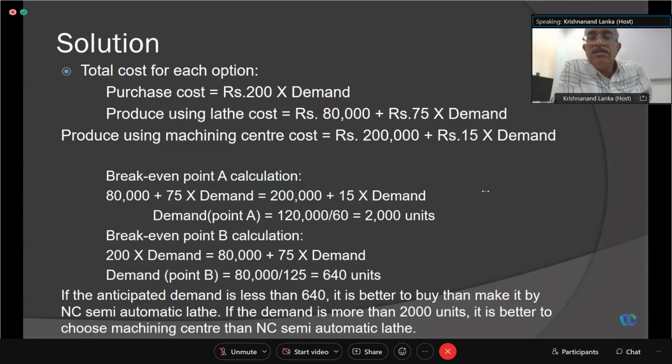So we have found that it is around 2000 units. Whereas if you have to choose between simply buying from outside or using a semi-automatic lathe, here what we have found is that the indifference point is 640 units.